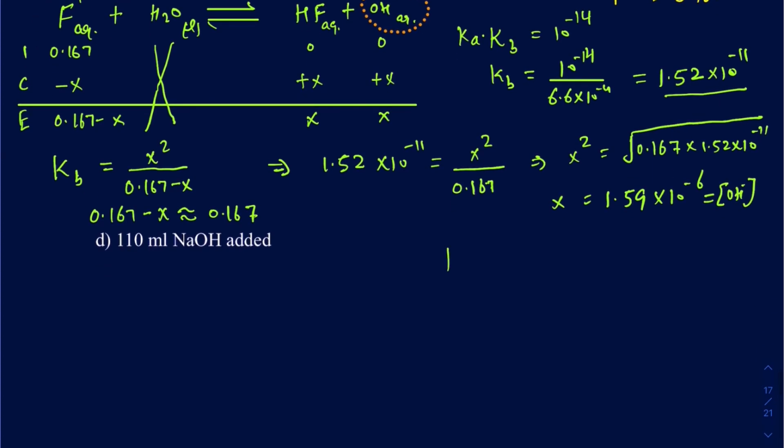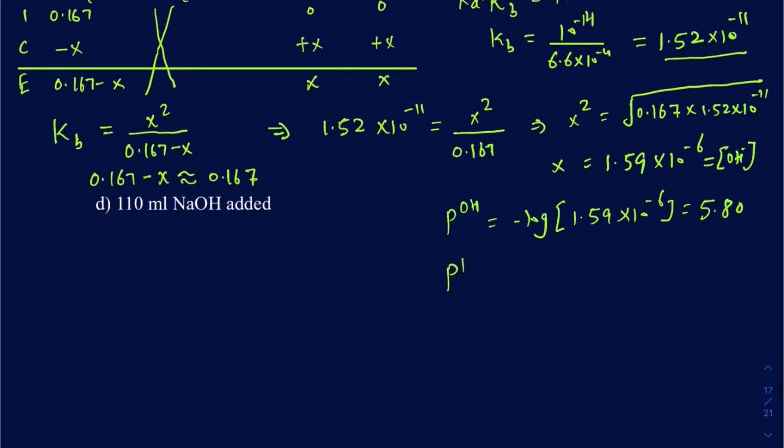So I can go ahead and calculate the pOH here, which is going to be negative log of that concentration, which is 1.59 times 10 to the minus 6. So let's see what that comes out to be. That's going to be 5.80. And then the pH is going to be 14 minus 5.80.